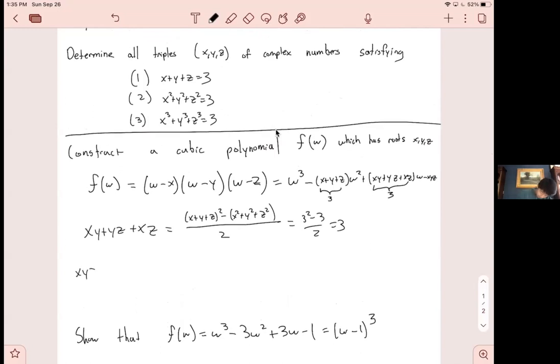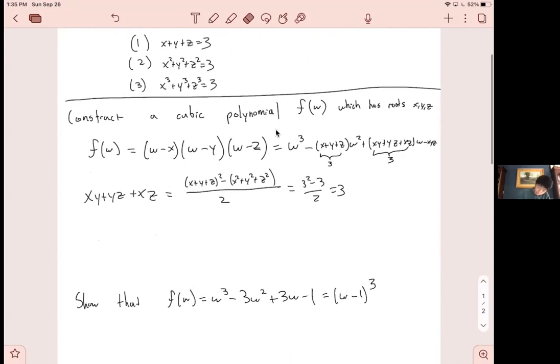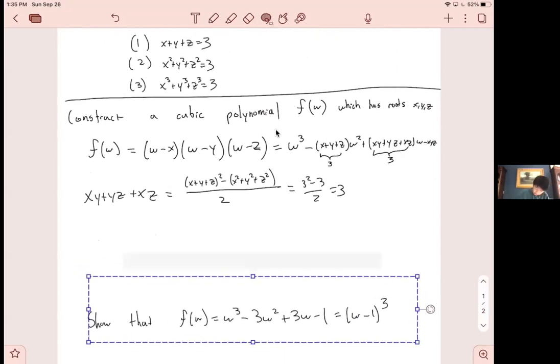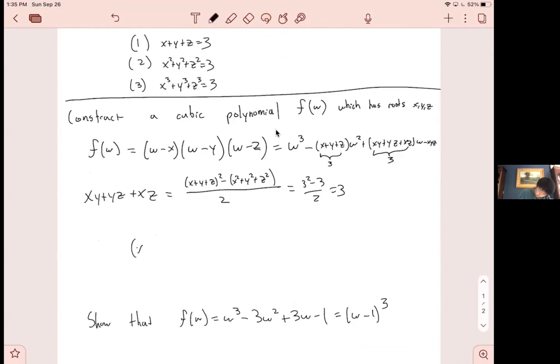So it's a bit more annoying to get xyz. The way I would go about doing that is just expanding. Wait, how would I do it? Actually, you don't need to do that.